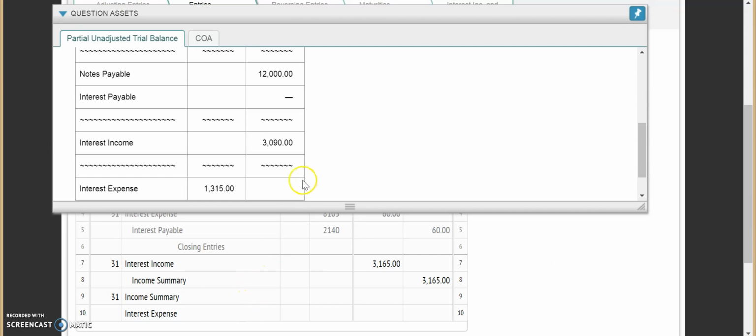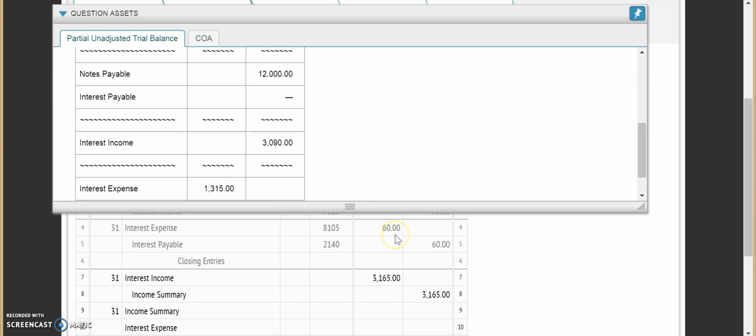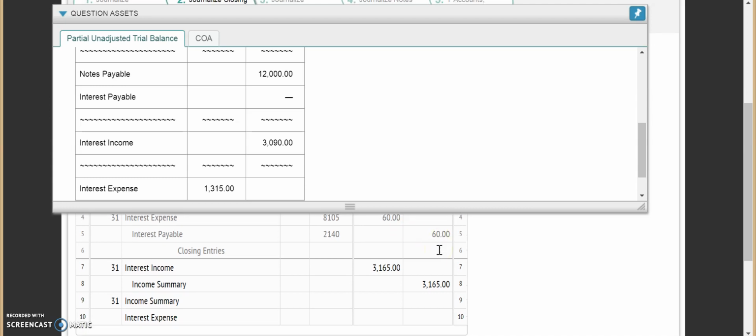Again, our interest expense has a balance right now of $13.15, but remember that we debited $60 into it from our adjusting entry, so we take $13.15 and add 60, and you should get $13.75. So we come down here and put $13.75 and $13.75. That's going to close out those accounts, and we're going to end up back at a zero balance for both interest income and interest expense.